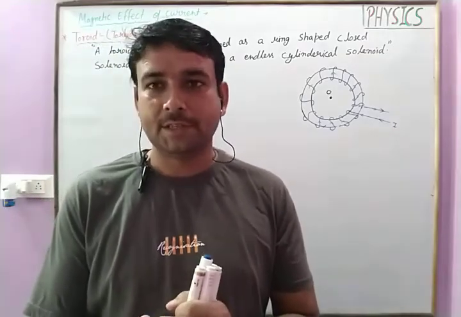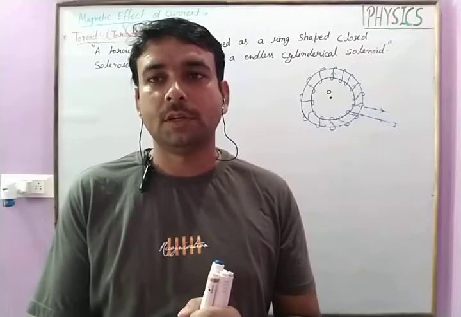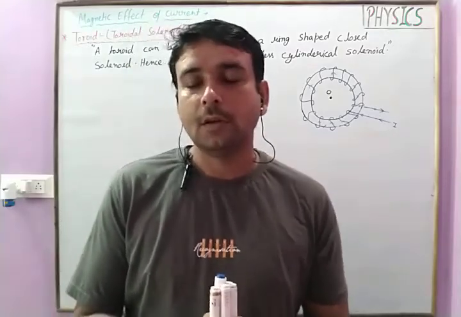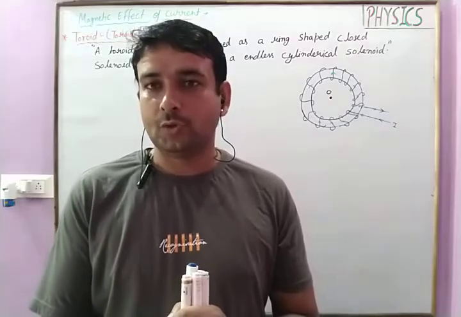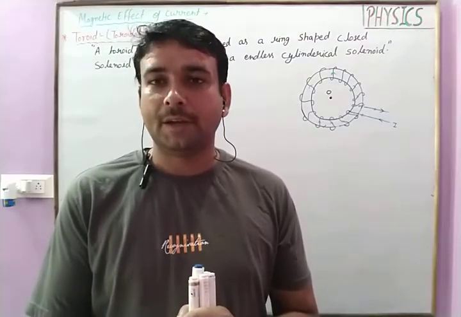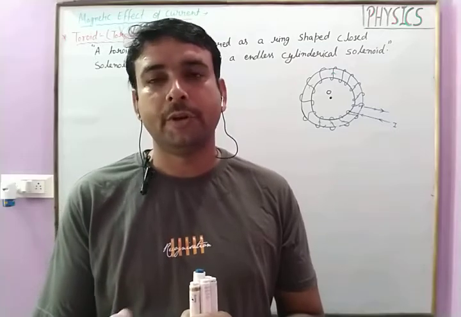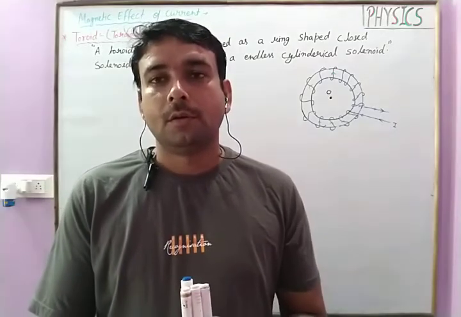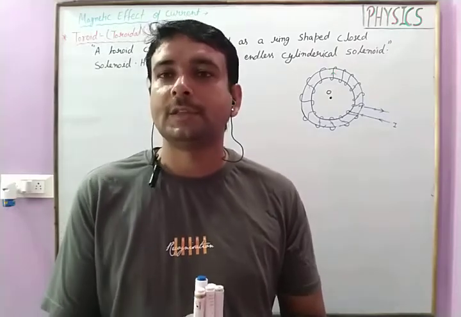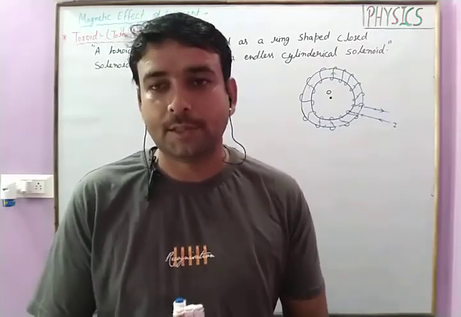Then we discussed the magnetic field of a solenoid. We derived the formula by using Ampere's circuital law. The magnetic field of a solenoid is mu naught n i, where n is the turn density per unit length.